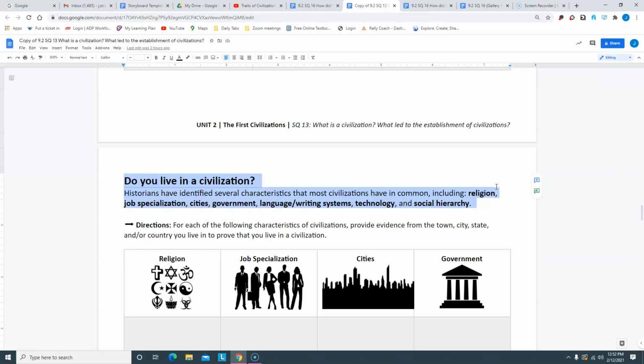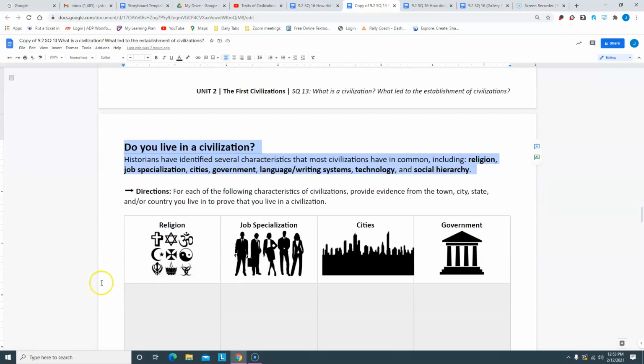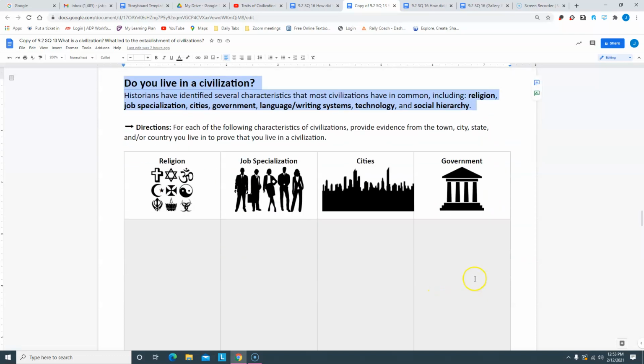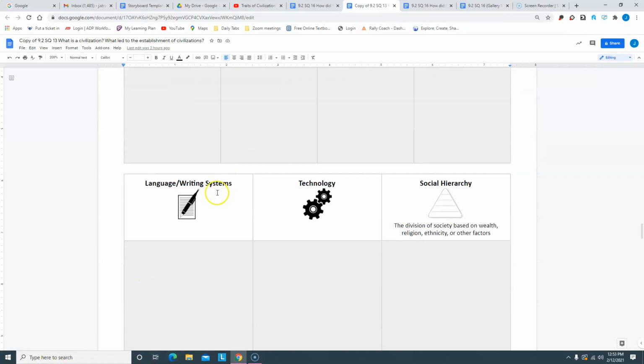These are some of the characteristics of a civilization, and you can see they are symbolized down here. Religion, job specialization, cities, government, language, technology, social hierarchy.